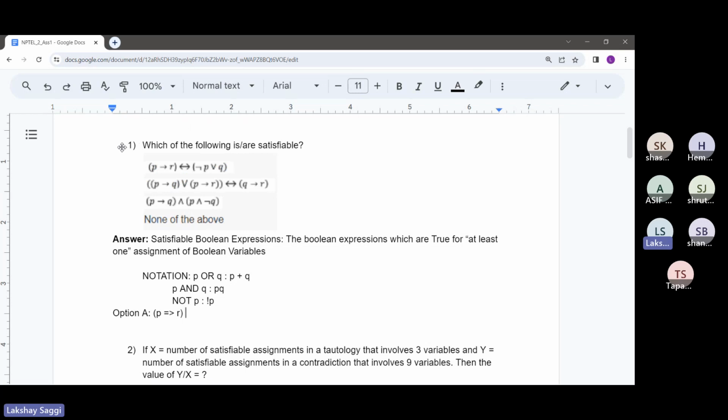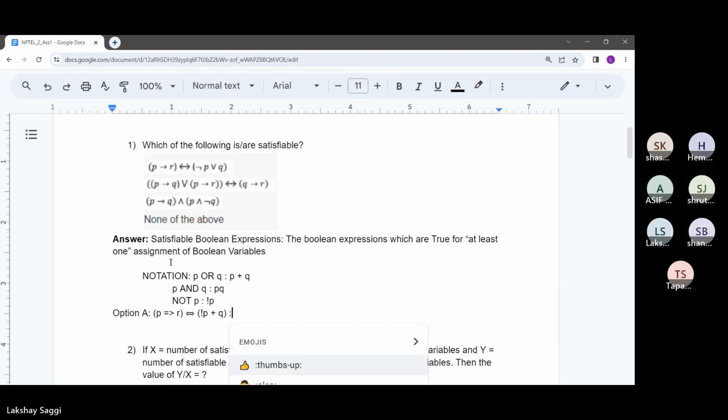So the first option is P implies R if and only if not P or Q. So let's just write this option down in the notation which I prefer. So this is the expression: P implies R, and this is the double implication arrow, not P plus Q. And we have to tell whether it is satisfiable or not satisfiable.